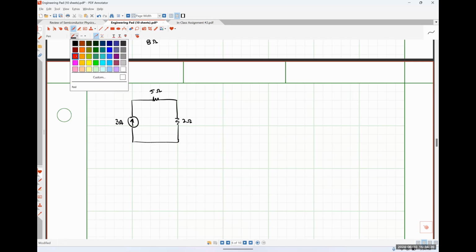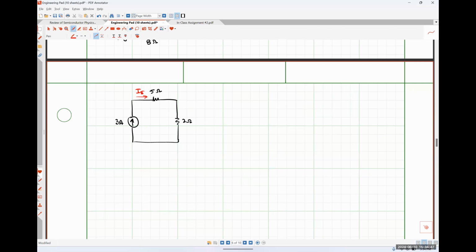I'm going to define this as the current flowing through the 5 ohm resistor, so let's call it I5. And I'm going to define this as the current flowing through the 2 ohm resistor, so let's call it I2. Okay.